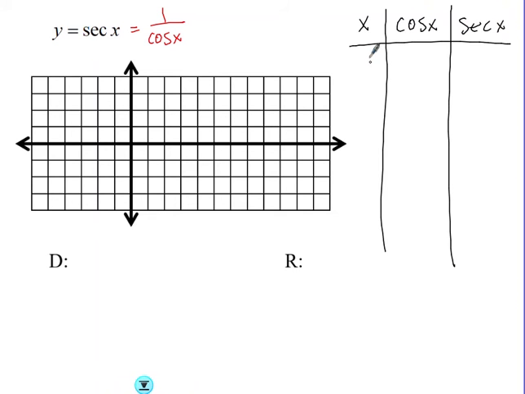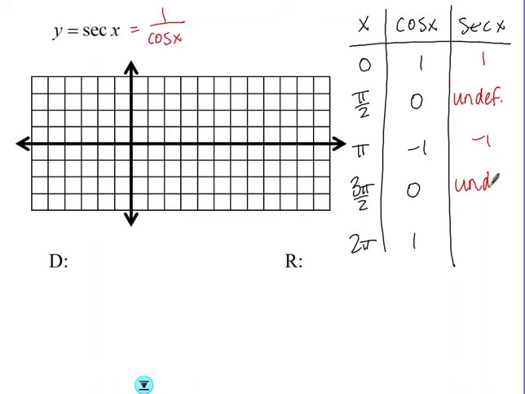For the graph of cosine, we had 0, 1, pi over 2, 0, pi, negative 1, 3 pi over 2, 0, and 2 pi, 1. So if we do the reciprocal of these, we have 1, undefined, negative 1, undefined, 1.